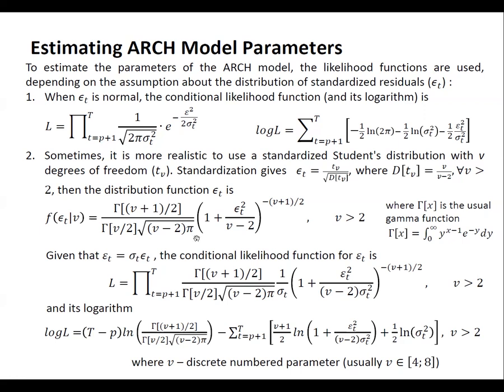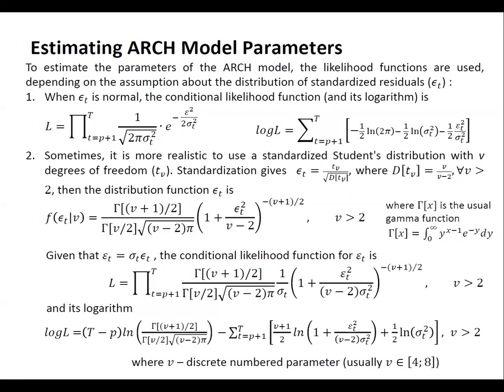This is our standard Student's distribution function, multiplied by 1 plus the standardized error squared divided by (v minus 2), with the exponent minus (v plus 1) divided by 2. This distribution function is valid for v greater than 2.